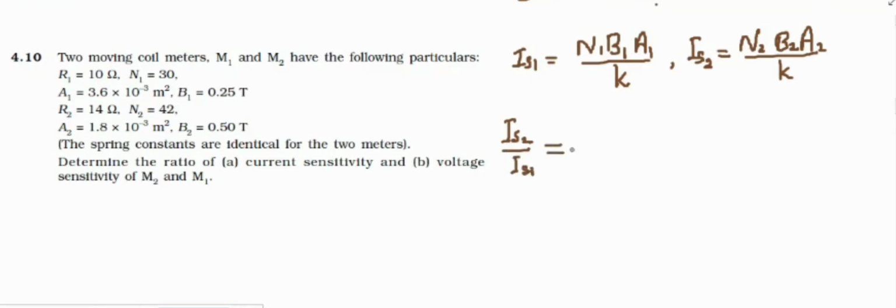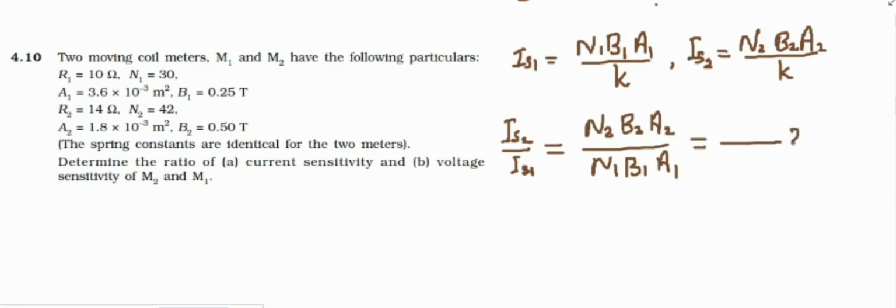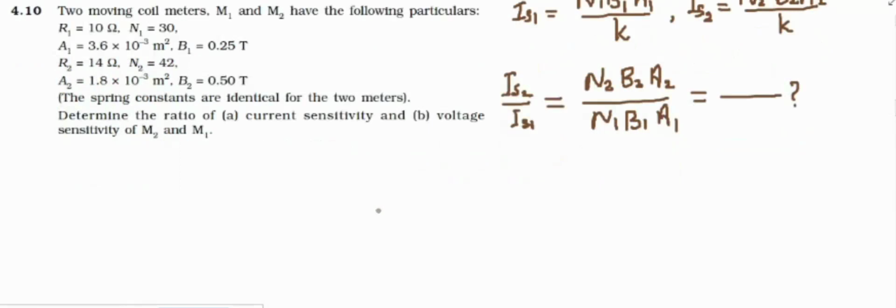IS2 upon IS1, you get N2 B2 A2 upon N1 B1 A1. So substitute the values, you get the answer for the ratio of current sensitivity.